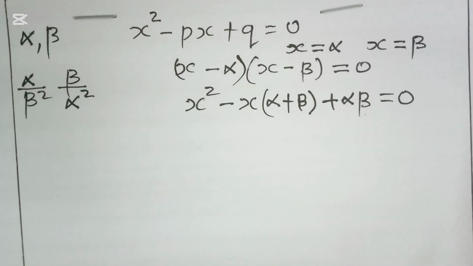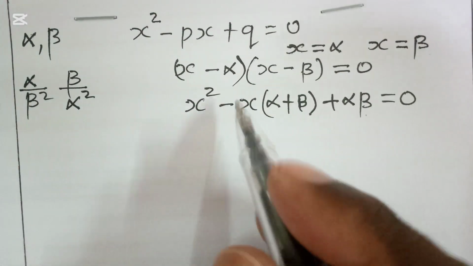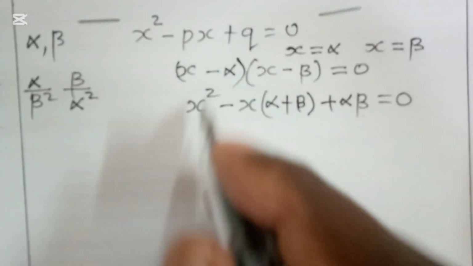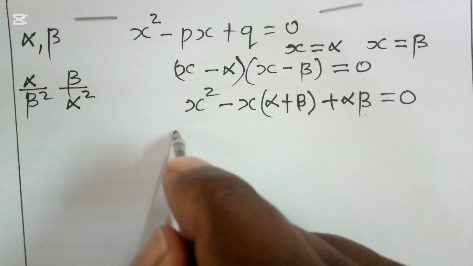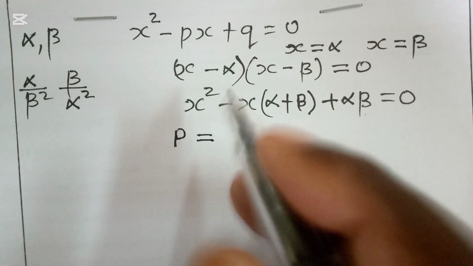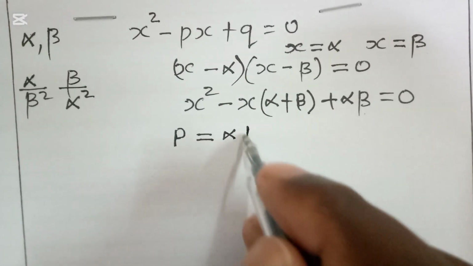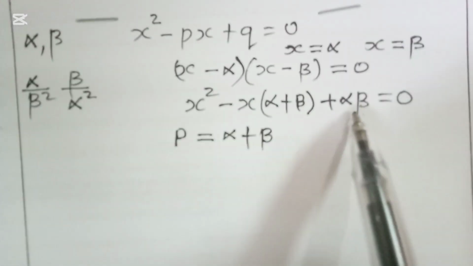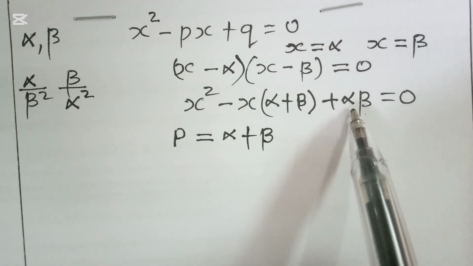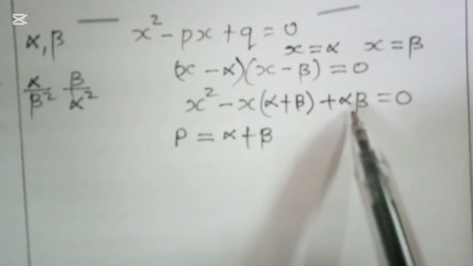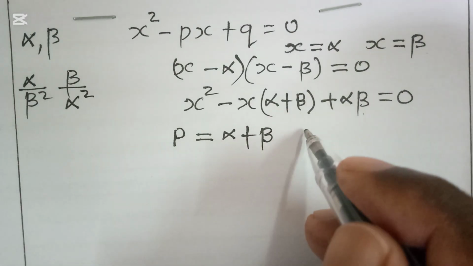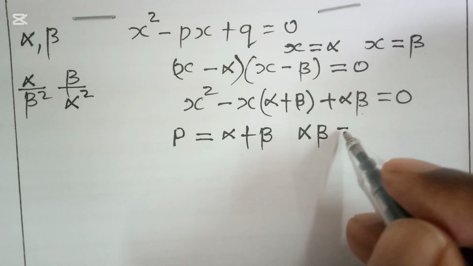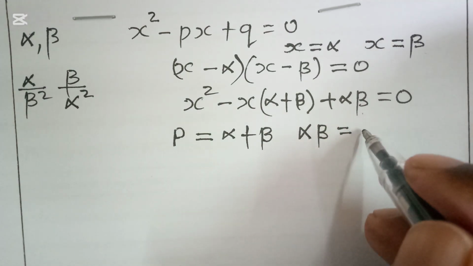And so therefore guys, if you compare this equation and this equation, then you have p is equal to alpha plus beta, and from this our constant, which is q here, is now alpha multiplied by beta. Alpha multiplied by beta gives us now q.